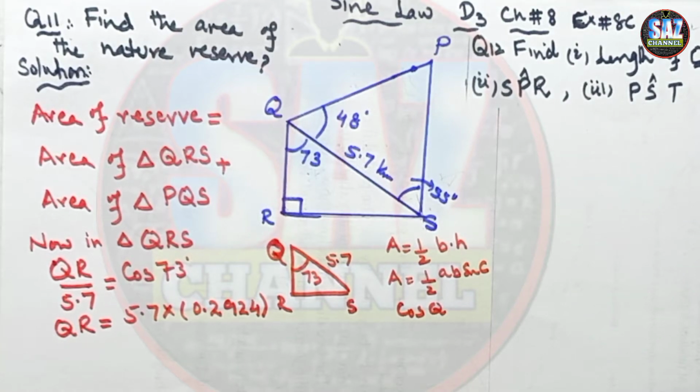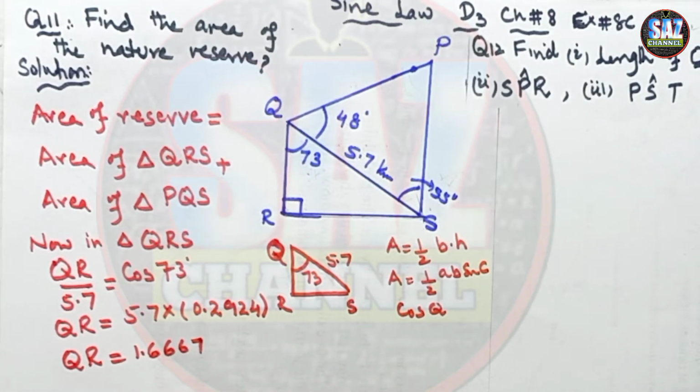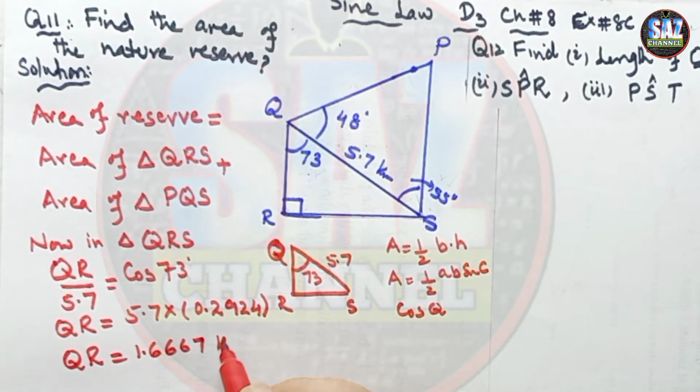So 5.7 multiplied by 0.2924, QR comes to 1.6667 kilometers. Okay, I hope the lengths are in kilometers.